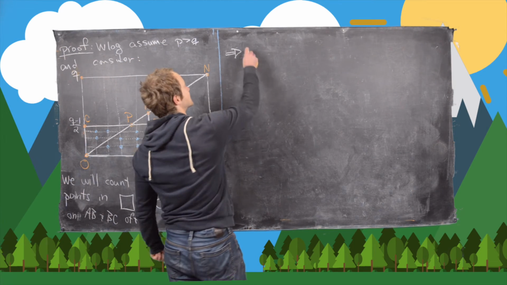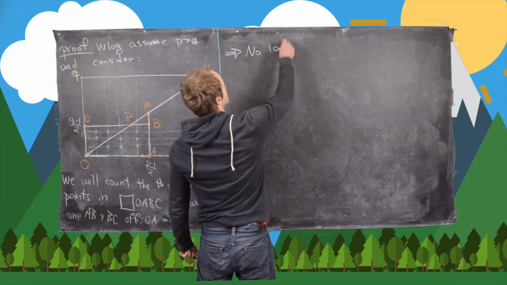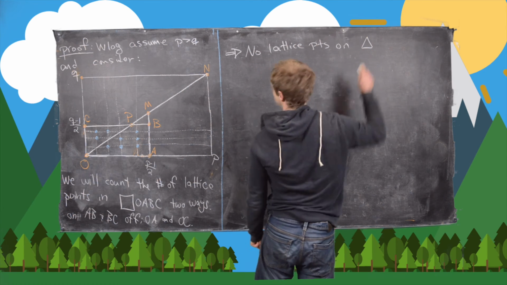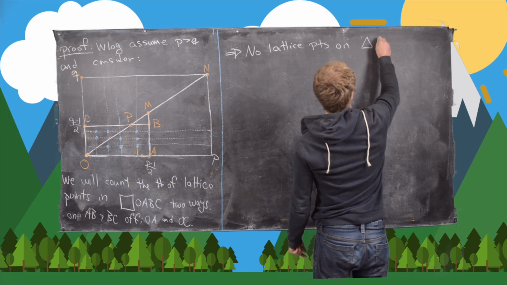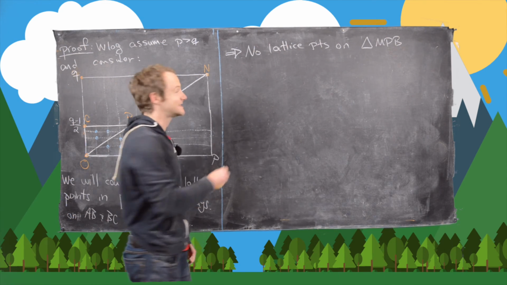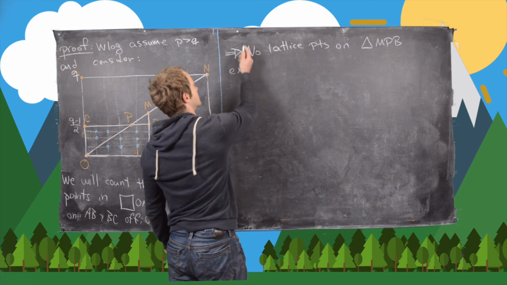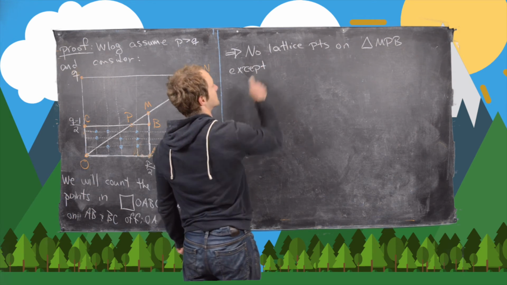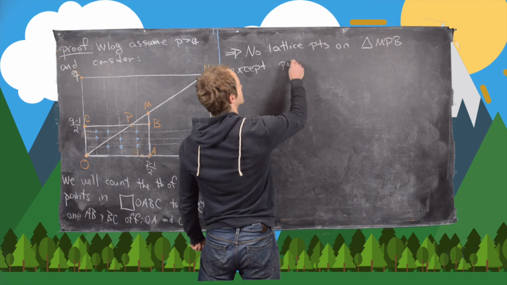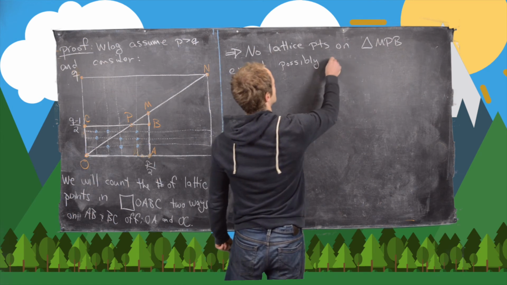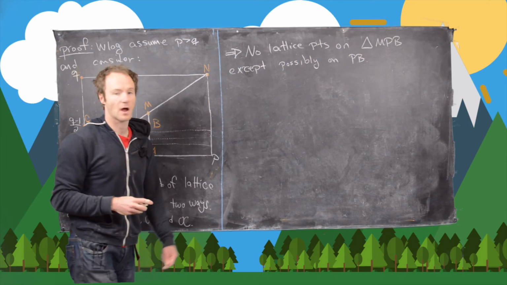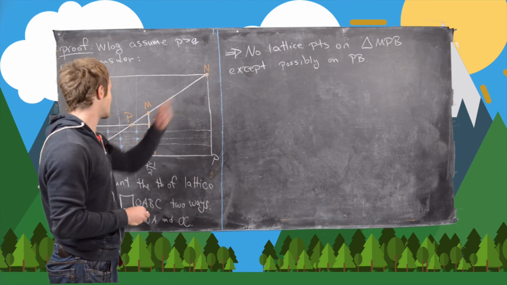There are no lattice points on this triangle MPB, except possibly on PB. Okay, so let's see why that's the case.